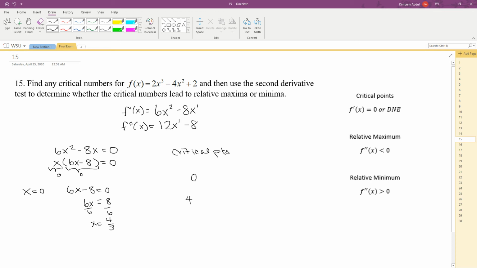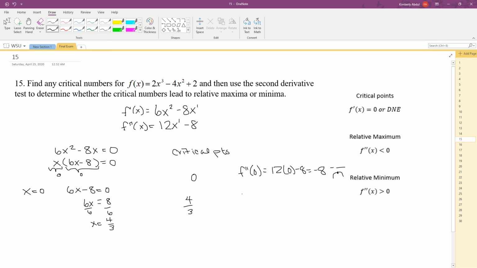All right, so now using our second derivative test, we're going to plug those into the second derivative. So f double prime of 0 is equal to 12 times 0 minus 8, which is -8, which is a negative number. So this is a relative maximum.